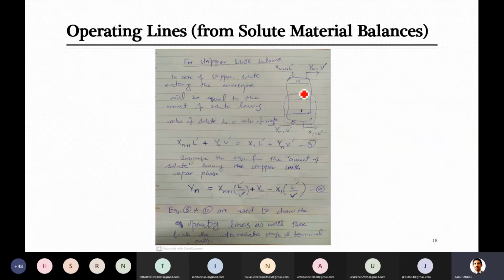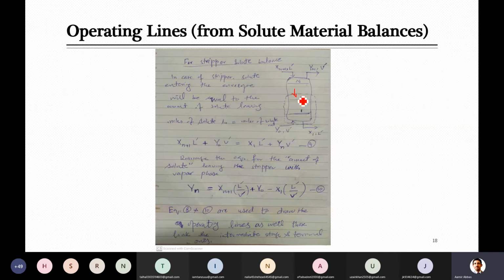the amount of solute getting into this in the form of liquid, because the liquid enters from the top and we have numbered from bottom 1 up to the nth. So anything coming in the form of liquid will come from the top, entering from here. This is our nth tray, so anything above this is n plus 1, because we started numbering from the bottom.